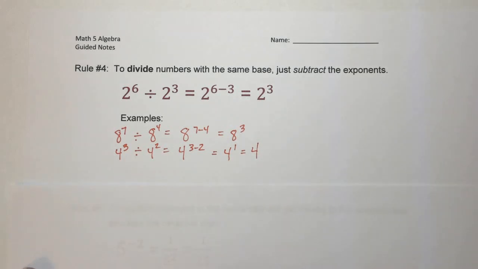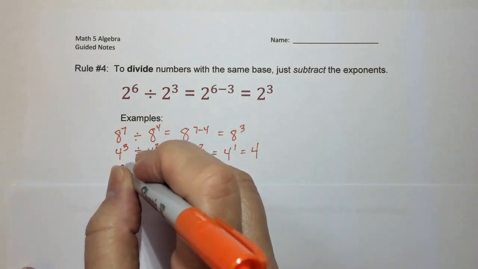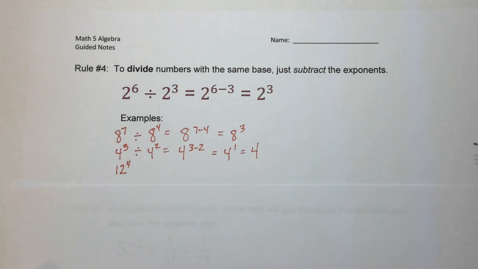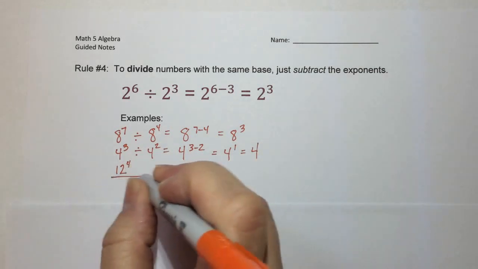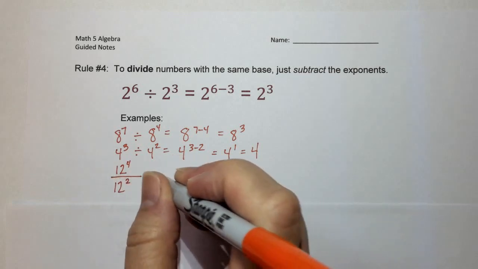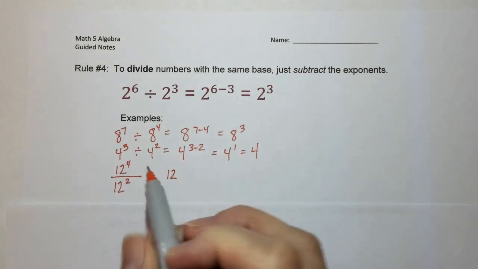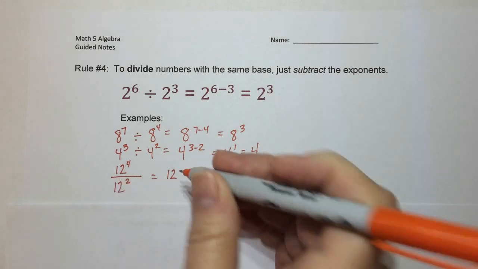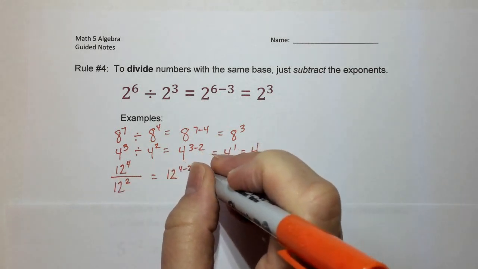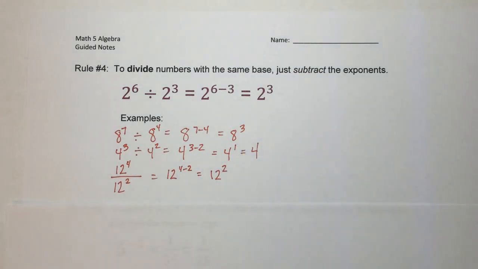Another way to show division is to use a fraction bar. So let's look at it. 12 to the power of 4 divided by 12 to the power of 2. It's the same thing. The bases match. I'm going to subtract 4 minus 2 equals 12 to the power of 2.